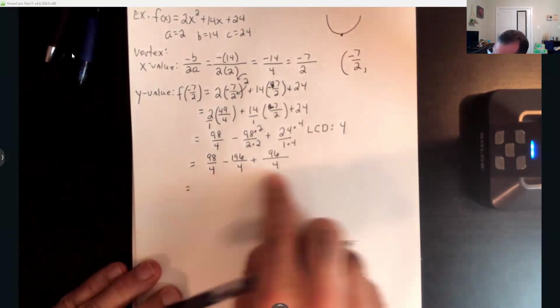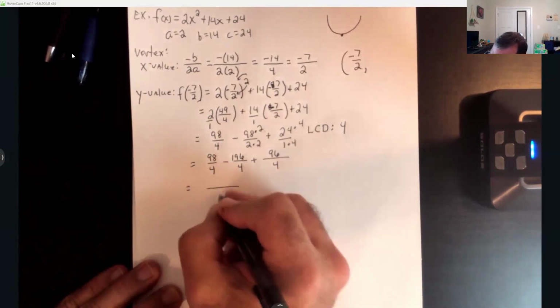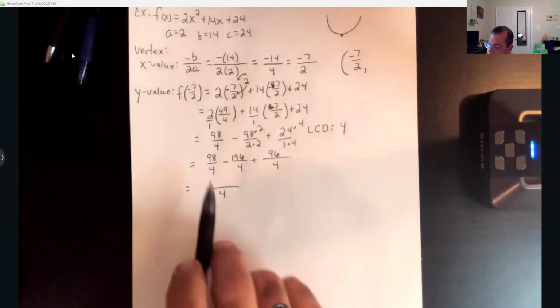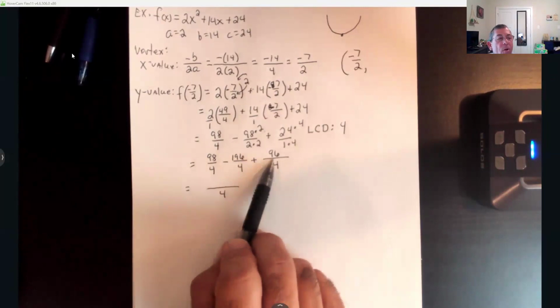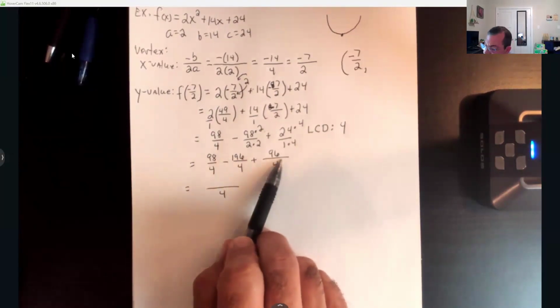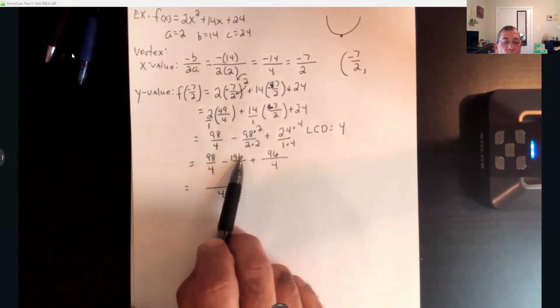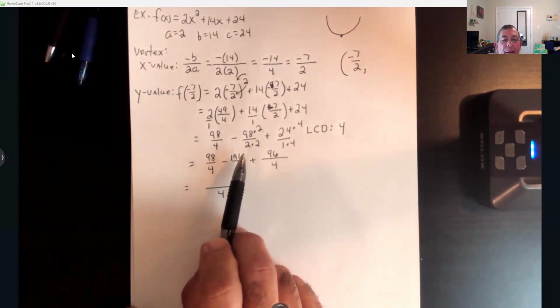All right, so at this point, I know the bottom of my fraction will be a 4. So all we got to do is, y'all, figure out what we get from the top. So we got 98 minus 196 is a negative 98.